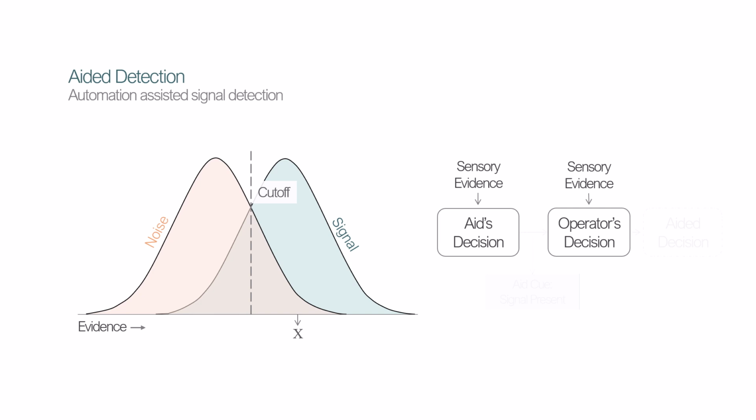During aided detection, the aid communicates its decision to the operator, who can then use this for an aided judgment. And for this presentation, we'll focus on automation that provides simple binary diagnostic cues, like in this case where we're simply saying signal present or signal absent.